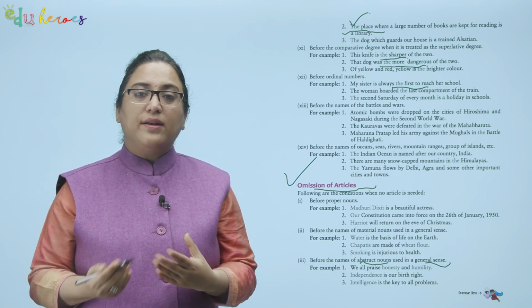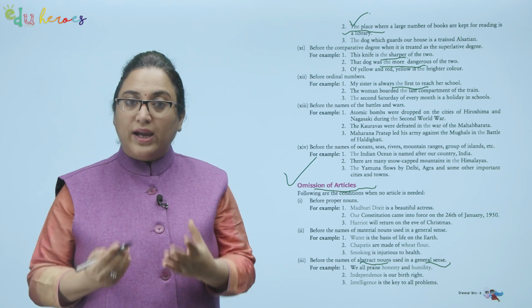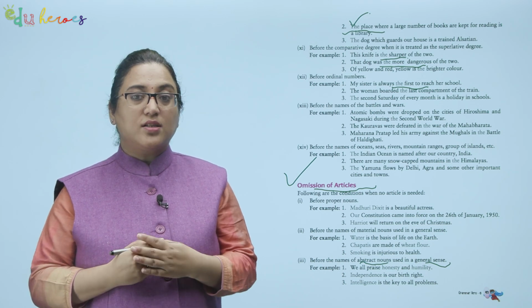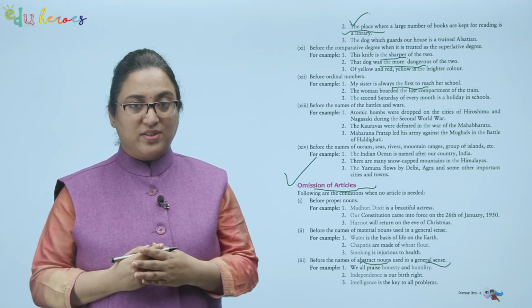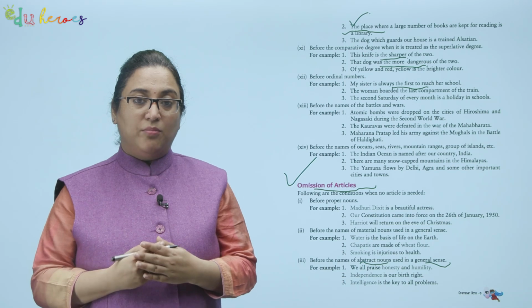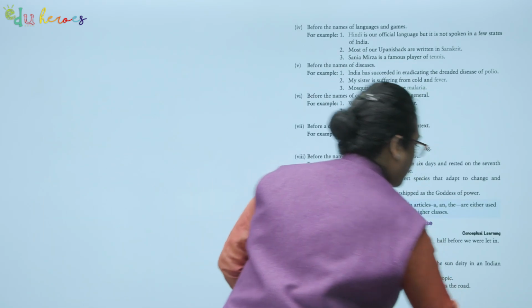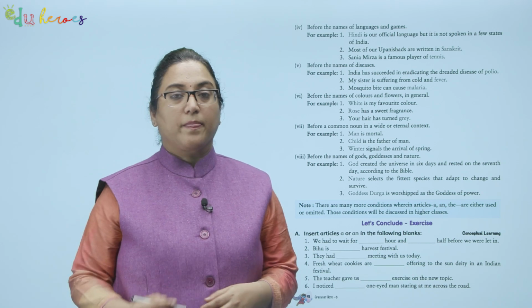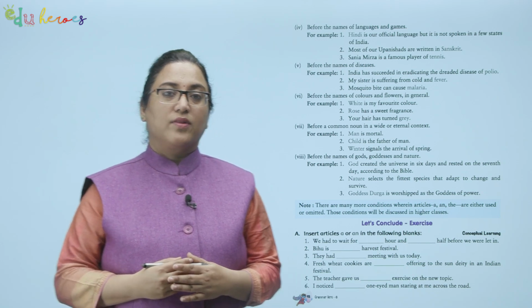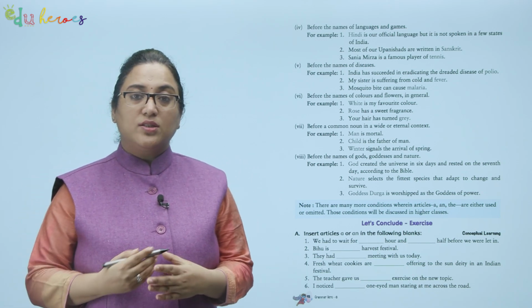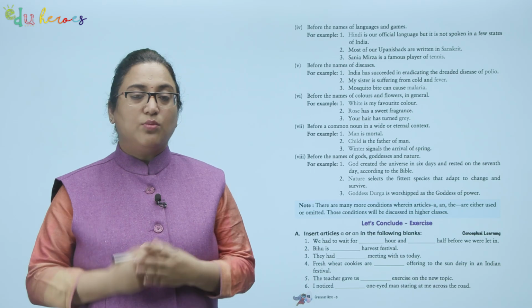Similarly, independence is our birthright. Intelligence is the key to all problems. So, you must remember these rules. Few more to go. Before the names of languages and games, omission is required.